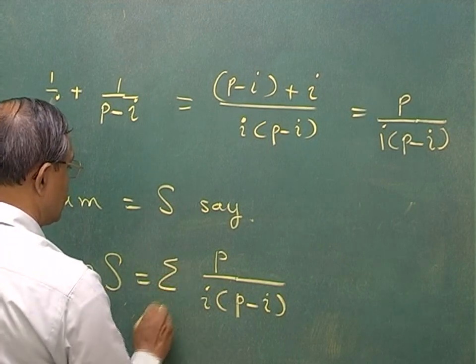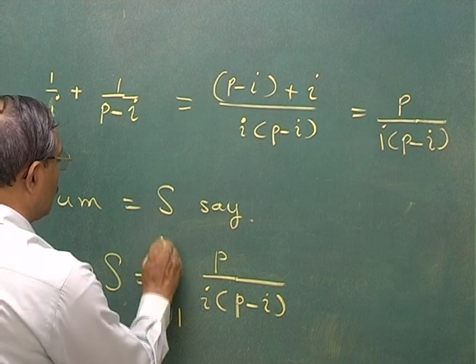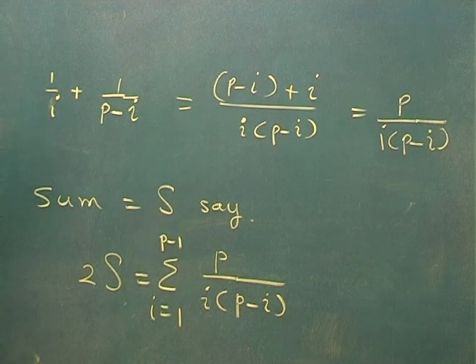So it is summation i equal to 1 to p minus 1.